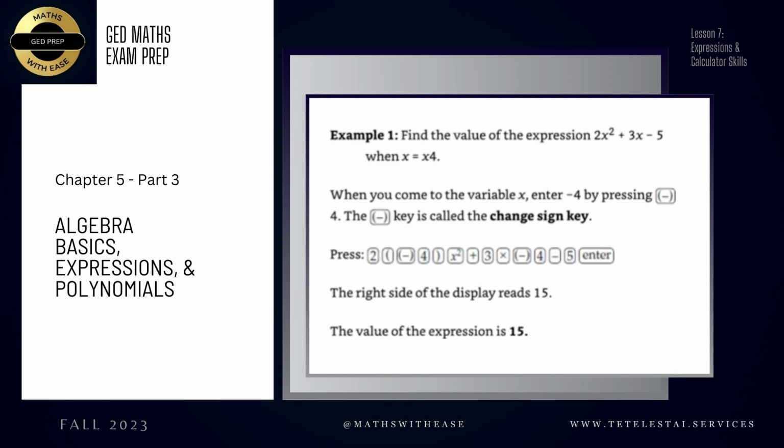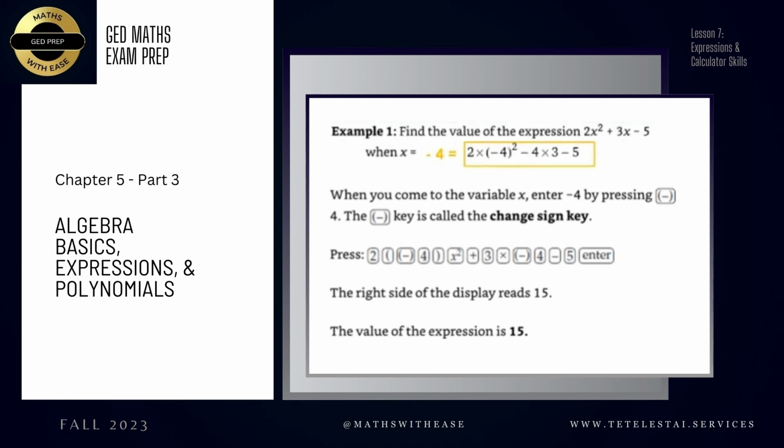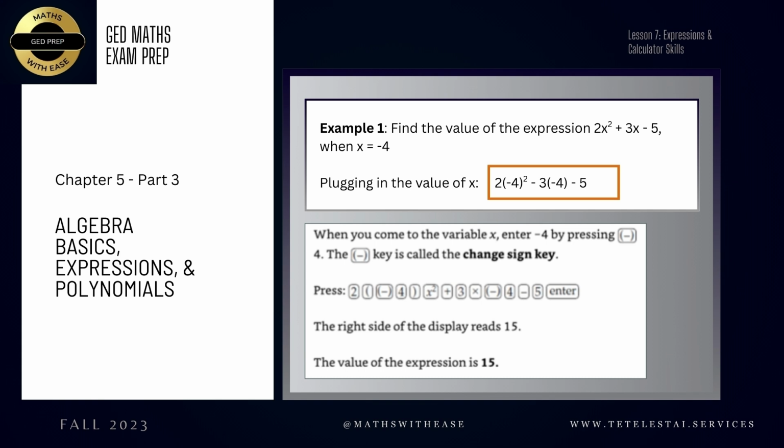I corrected it anyway on this next slide. When you come to the x variable, just enter -4 by pressing the negative sign or the change sign key, and then follow with the remaining order, the same way that the expression is written out in the question. So enter the expression exactly as it appears.